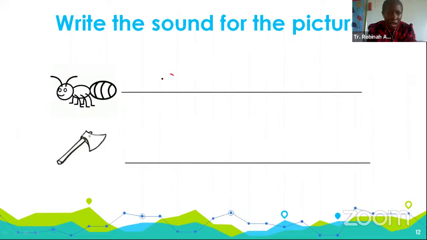Don't forget that sound A. You draw a ball. Then you put a standing line. And that is your sound A for ant. You fill this whole line with sound A up to the end.